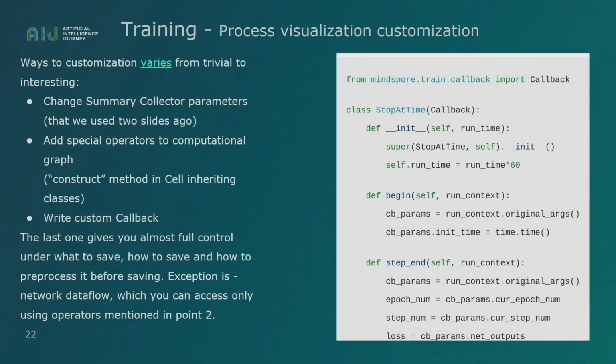MindInsight supports not just this out-of-the-box training, but also fine-tuning and fine setting. You can change parameters of SummaryCollector. You can add special operators to the computational graph to see what's in between, to see what the intermediate steps were, if we're working with computer vision models.